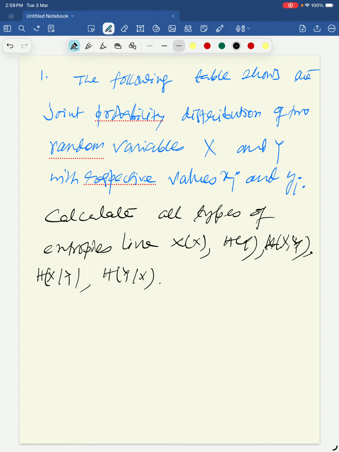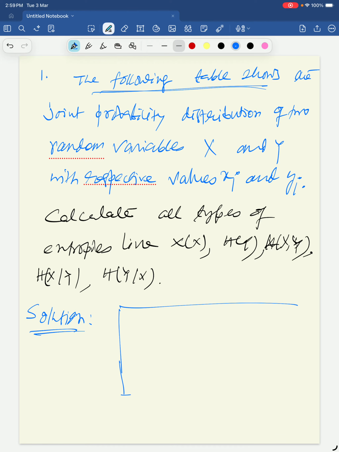So we'll start the solution. I should show the table first. This is the table, then we'll go for the solution.